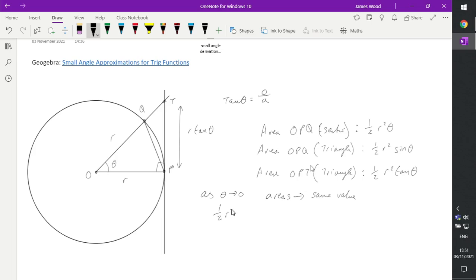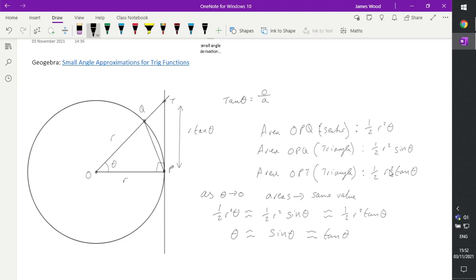So we can then say that half r squared theta, actually I won't write equals, I'll use a little wiggly equals sign for approximately equal to half r squared sine theta, which is approximately equal to half r squared tan theta. And you can see I've got a half r squared in each of these terms, which I can then divide through by. So theta is approximately sine theta, which is approximately tan theta. And that gives us our first small angle approximation, but through a geometric means rather than a graph.